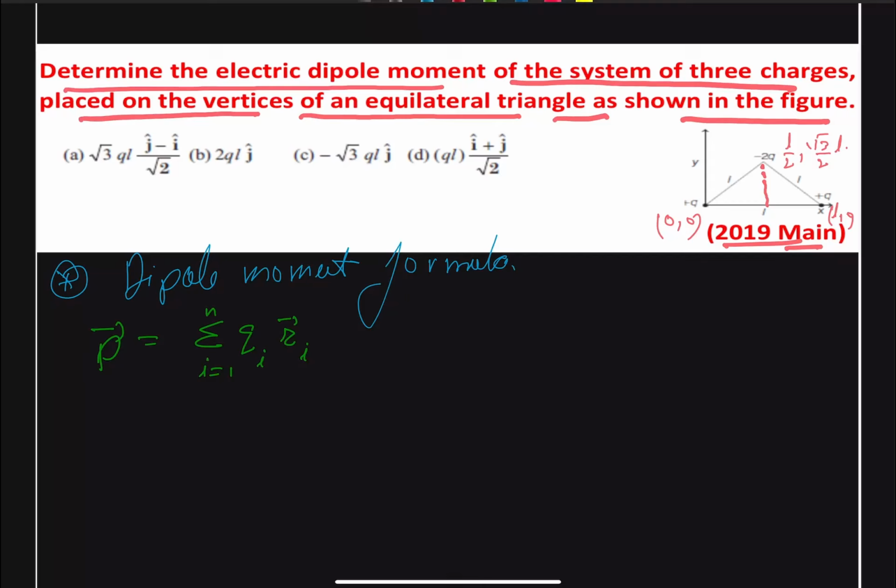And so we can write this formula according to the given question, and we can say that our dipole moment P will be equal to charge. Let us call this point A, this is B, and this is C. So we get Q times distance RA, plus Q times distance RB, and the charge next is minus 2Q, and distance is RC. Now we can easily find their respective values.